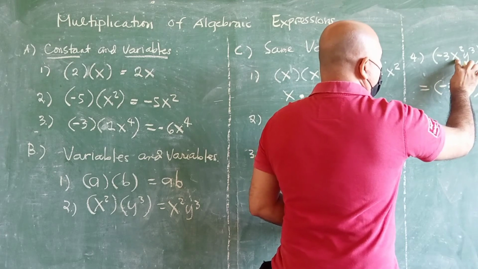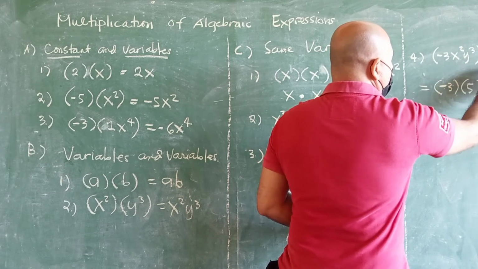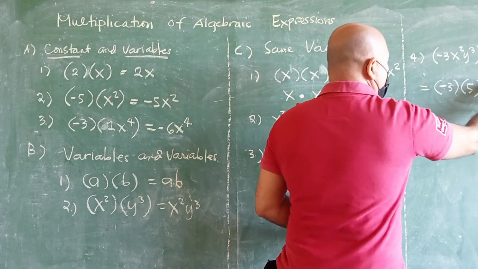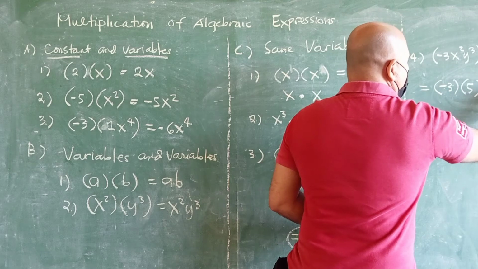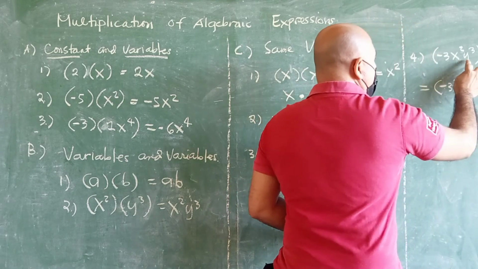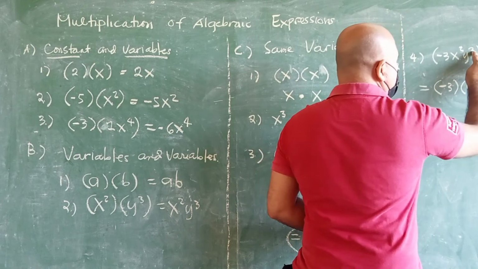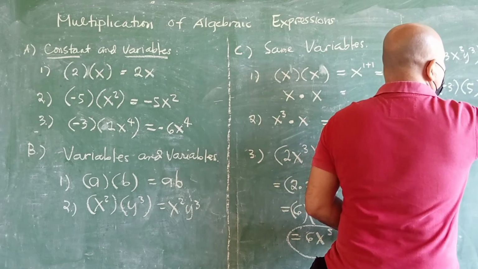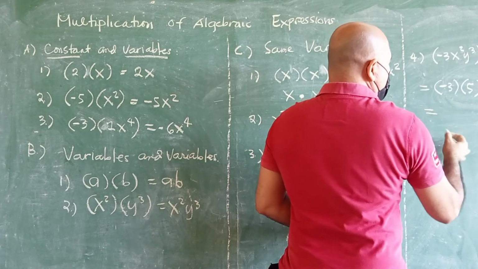The common variable here is x, so x squared and x cubed, just copy them as a single x, and then the first exponent of x is 2, the second exponent of x is 3, and then add them. The next variable is y, so just copy the common y, the first exponent of y is 3, and the second exponent of y is 4. That's it. So proceed to multiplication.